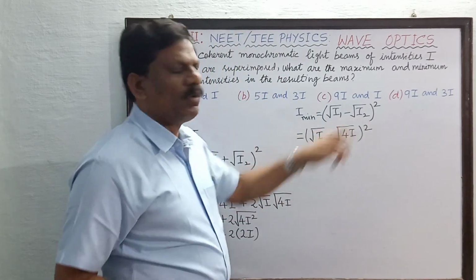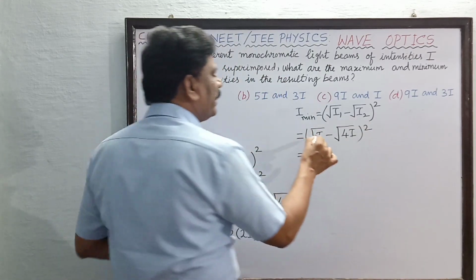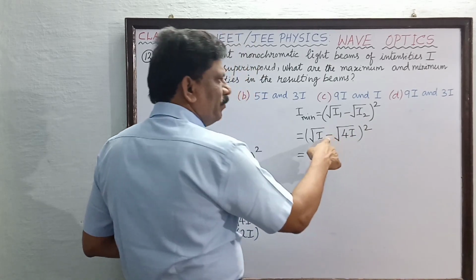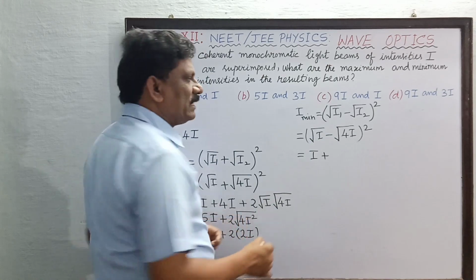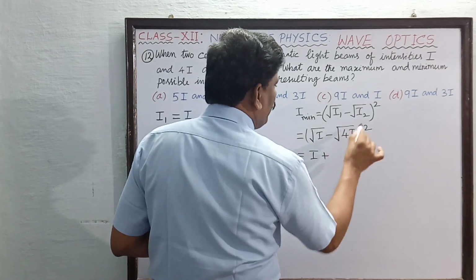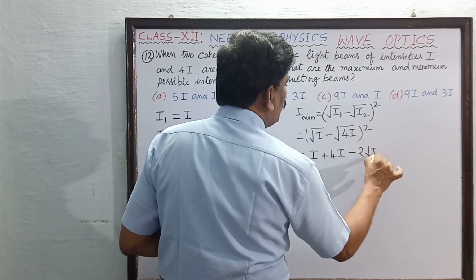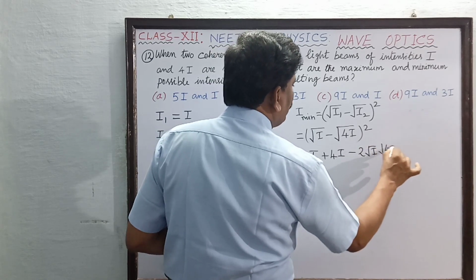So A minus B the whole square. A square term is root I the whole square, which is I. Now B square term also is positive, is it not? So root 4I the whole square will become 4I, minus 2 into root I into root of 4I.